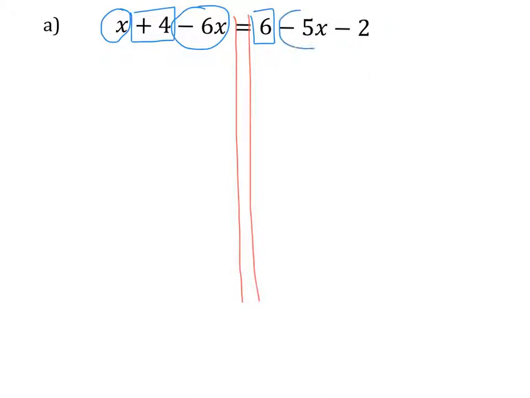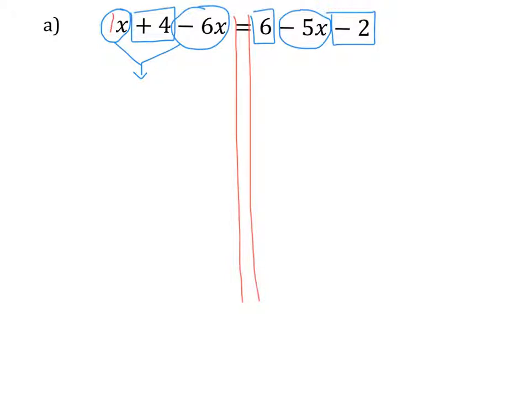I am shaping right now, and I notice that on the left side I have two ovals, or two x numbers, that I can combine. I've got positive 1x, I know there's an invisible 1 that I can write in if I need it, plus negative 6x.